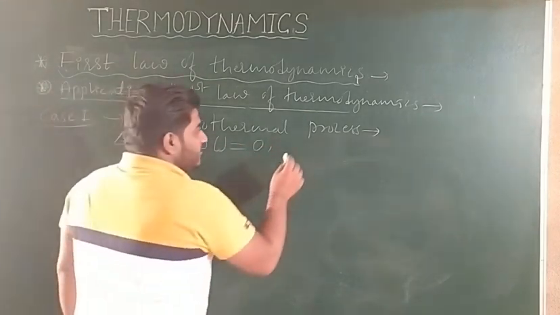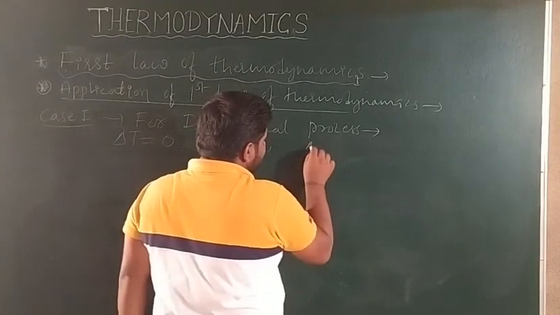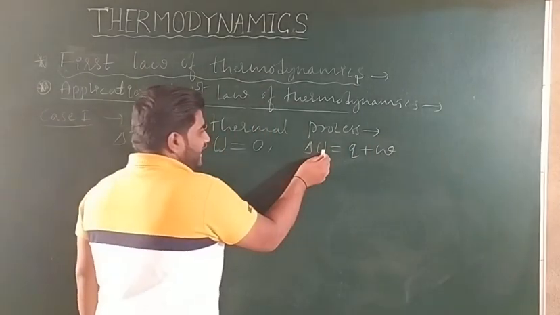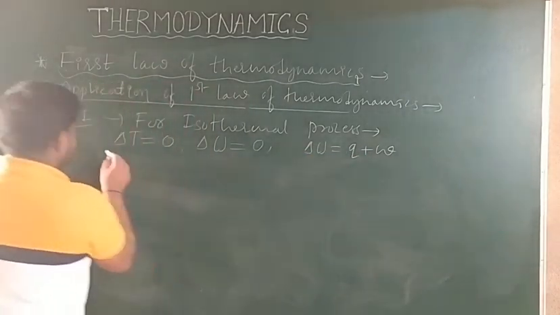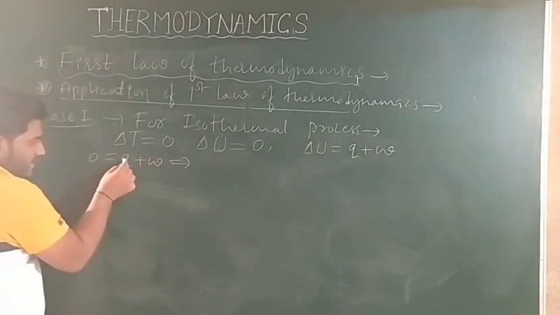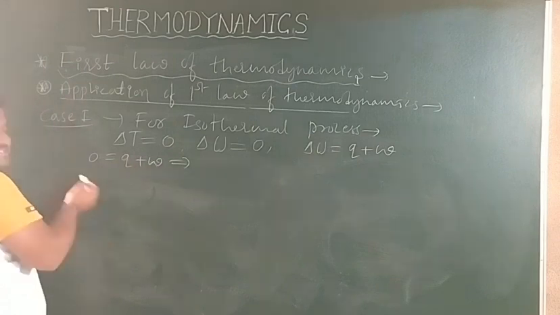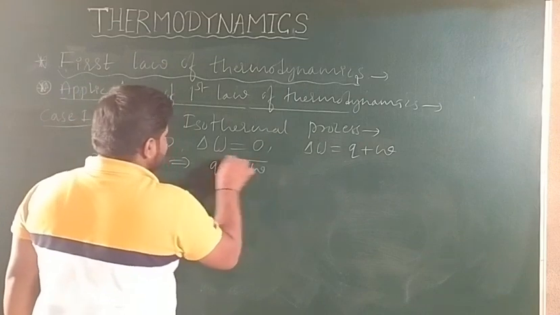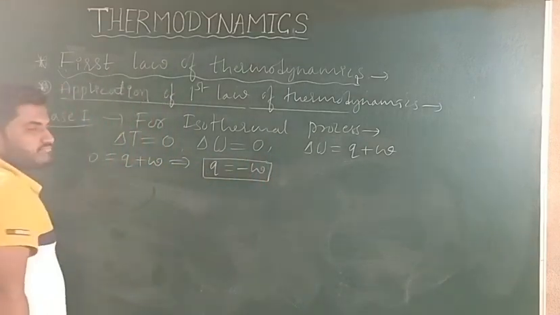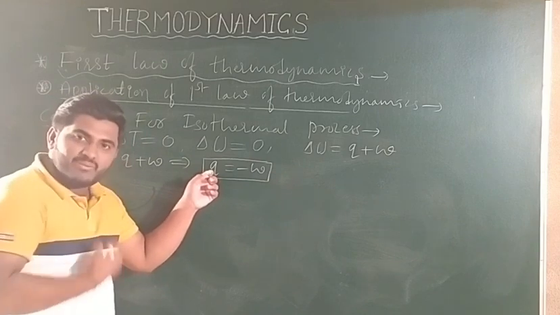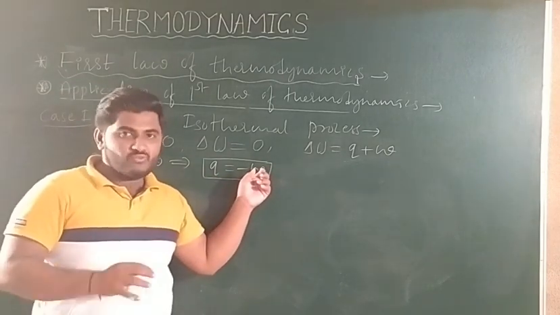You know already what the first law of thermodynamics tells: del U is equal to Q plus W. If del U is 0, then 0 equals Q plus W. This implies Q equals minus W. Q means heat absorbed by the system, W means work done.